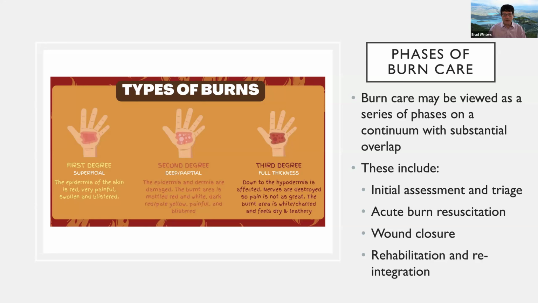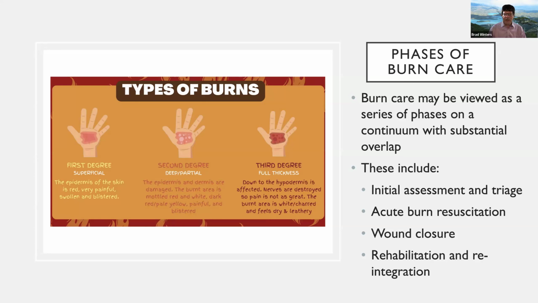And of course, the third degree burn is the full thickness burn. This is all the way down to the hypodermis. And what's interesting about this, and it's not surprising, is it's not as painful a burn as second or first degree burns because, in fact, the burn is so deep that it destroys the nerves. So the patient actually does not have a sensation of the burn.